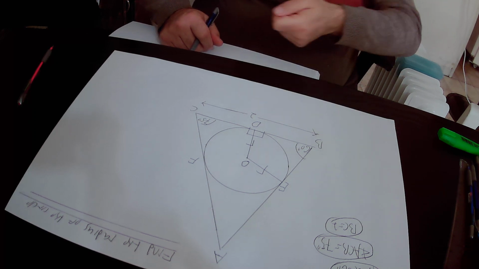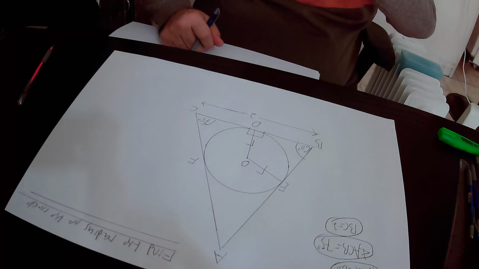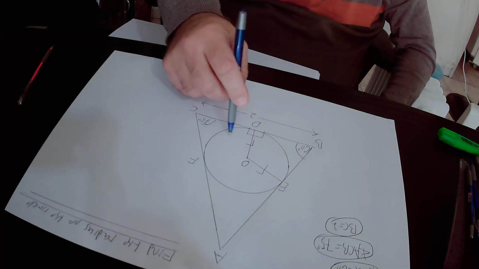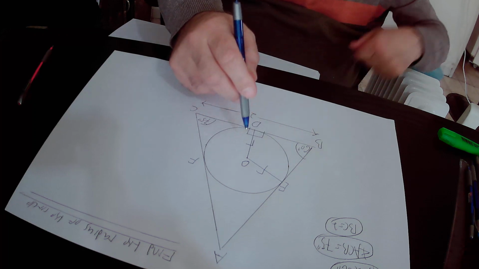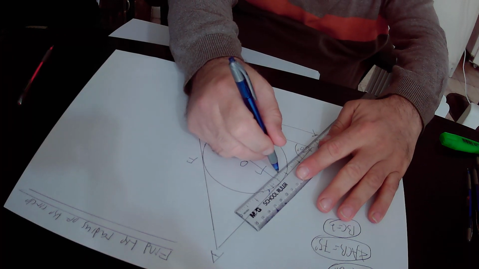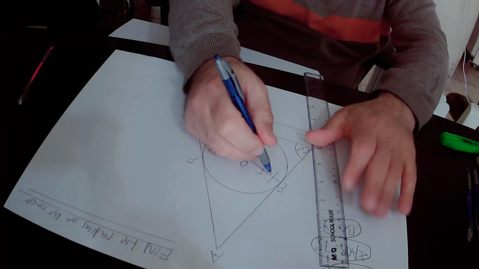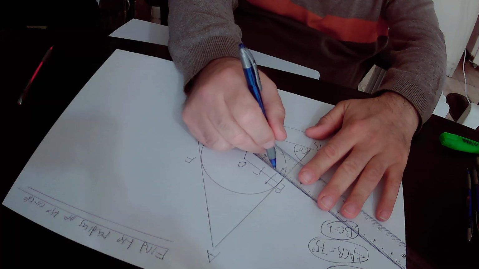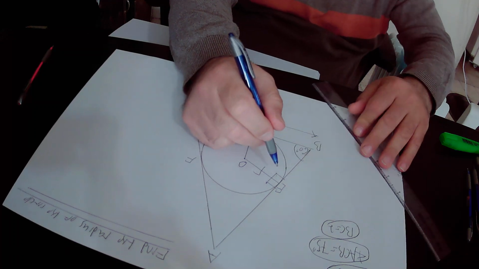And whenever you have a radius that is drawn to the point of tangency, then tangent AB will be perpendicular to the radius EO. If AB is perpendicular to EO, it means that this angle equals 90 degrees, and this angle also equals 90 degrees according to rule number 1.